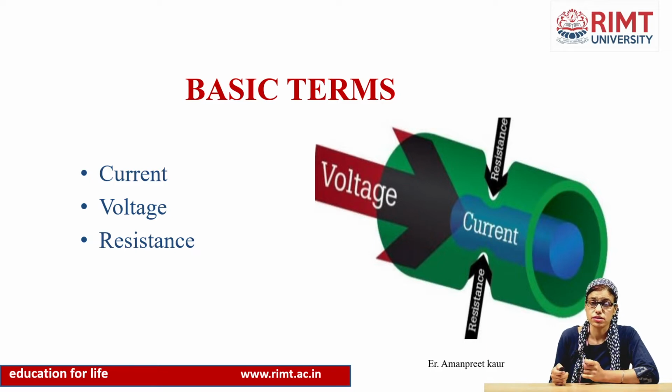Potential is a positively or negatively charged body, depending on whether it accepts or donates electrons. If two bodies have different potentials and we connect them with a conductor, then electrons flow from the higher potential to the lower potential side. That potential difference between 2 points is voltage.